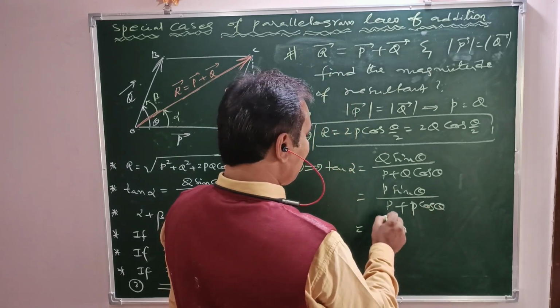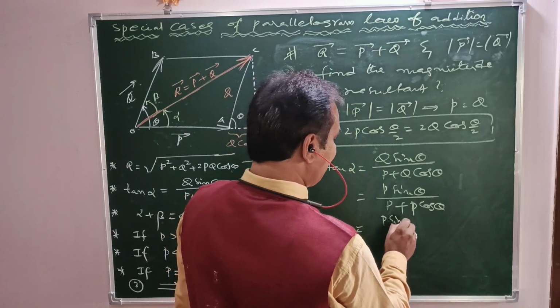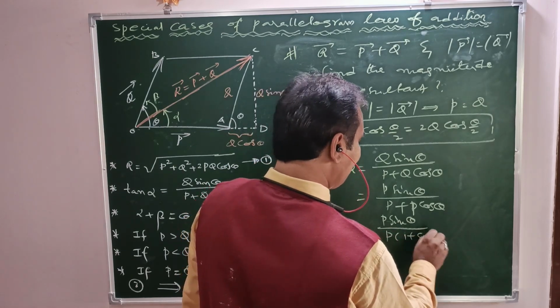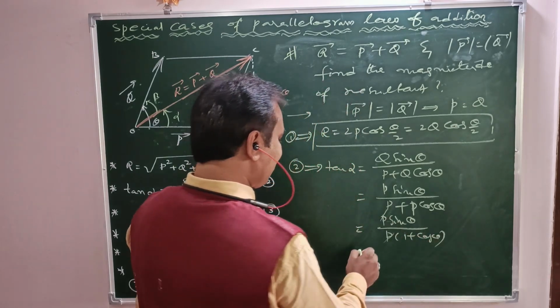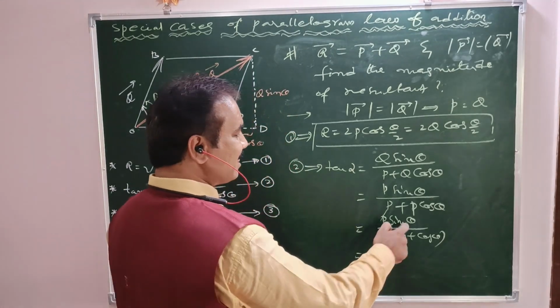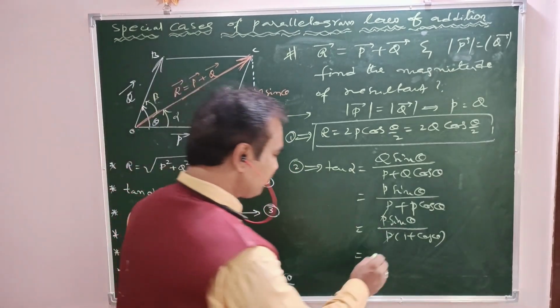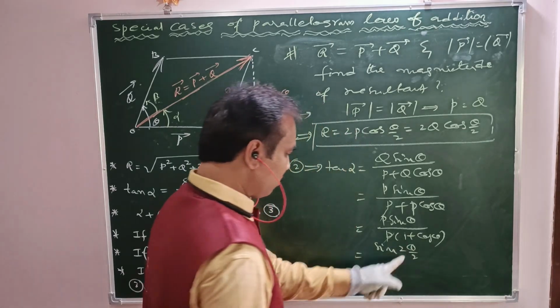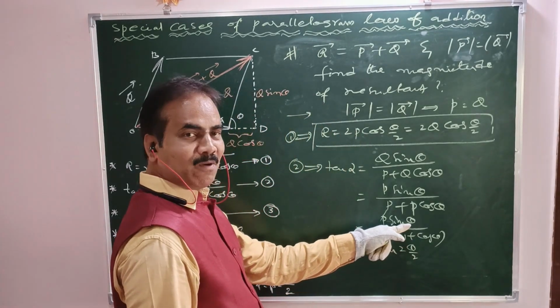That is P sin theta by P common, 1 plus cos theta. So P gets cancelled. Sin theta can be written as sin 2 into theta by 2, that is 2 sin(theta/2) cos(theta/2).